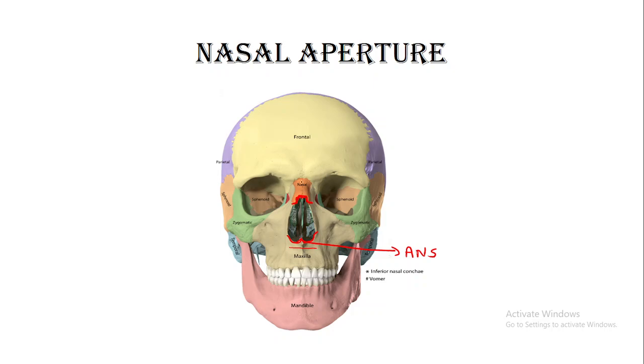So coming to the nasal bone, these are the two nasal bones which are joined in the middle. These nasal bones are paired bones. If we talk about the articulations of the nasal bones, medially, this nasal bone joins with the nasal bone of the other side through this suture, which is called the internasal suture.